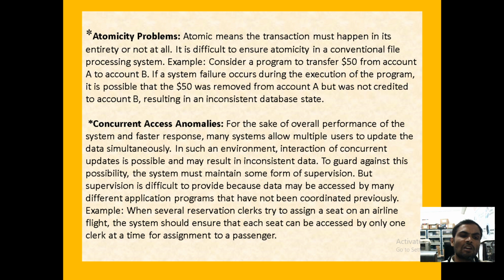If you want to see concurrent access, I want to give one best example. Suppose at a railway reservation counter there are maybe 5 to 7 counters, and n number of persons are waiting for tickets.